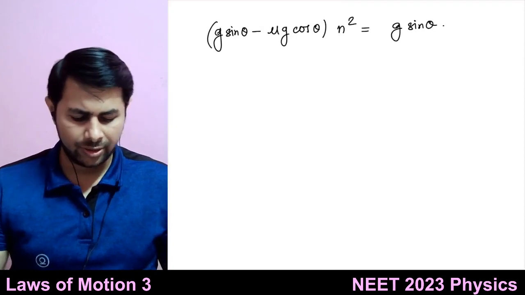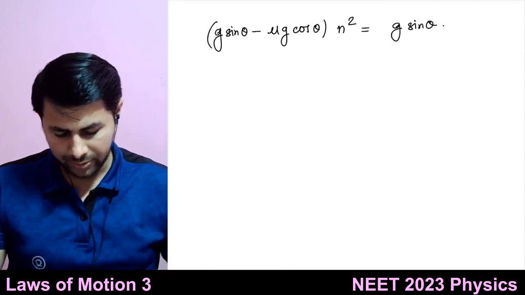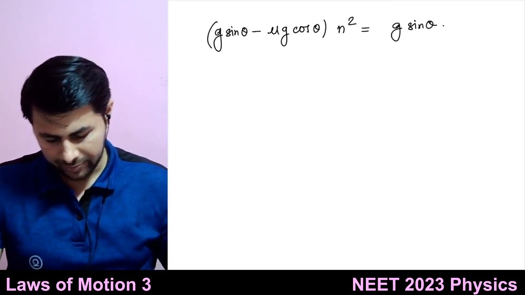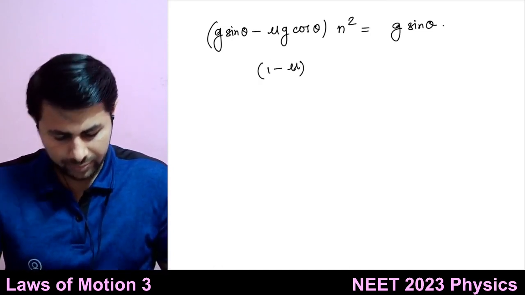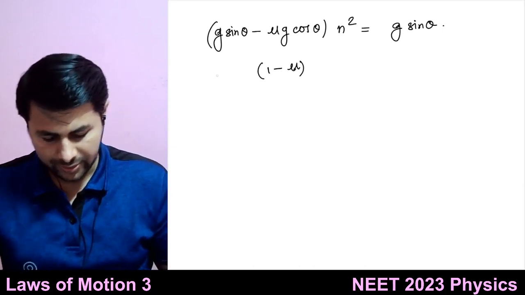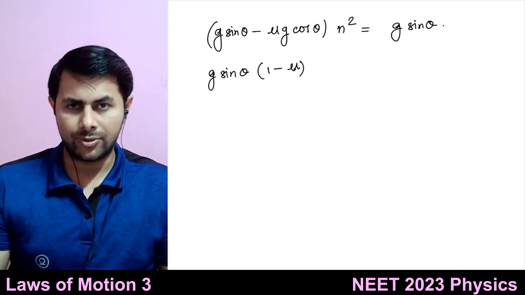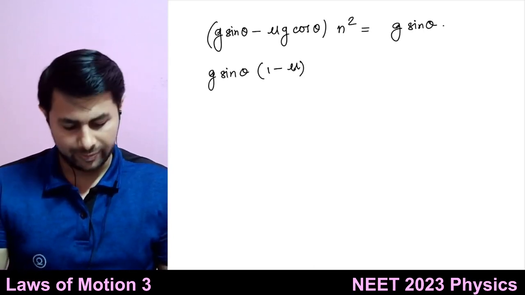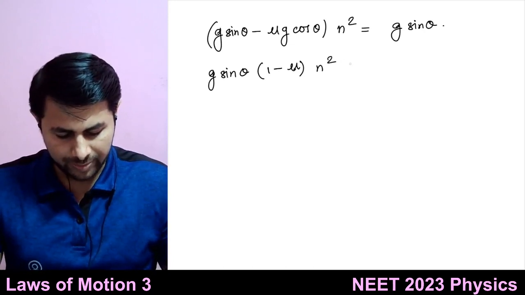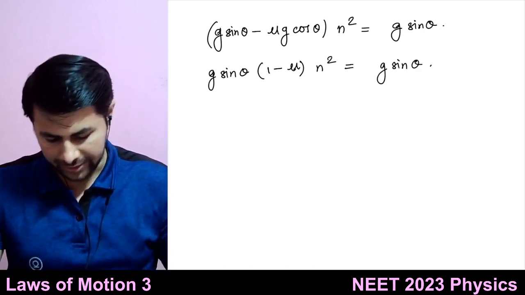So sine theta and cos theta are equal, so you can take 1 minus mu, because this is 45 degrees. Sine 45 is also 1 upon root 2, cos 45 is also 1 upon root 2, so I will take it outside. So 1 minus mu multiplied by n square is equal to g sine theta.